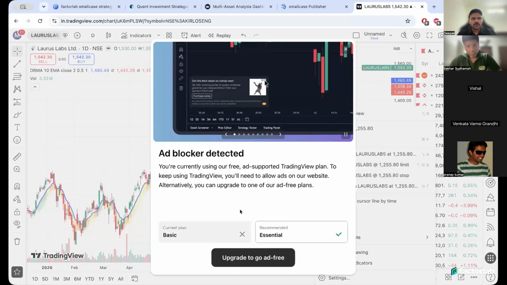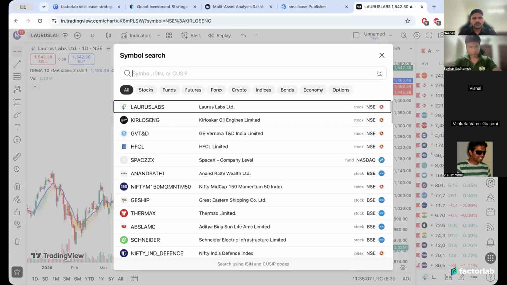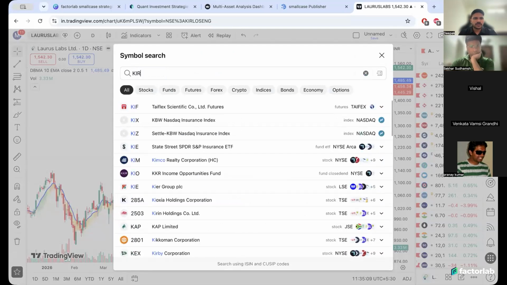Cool. So let me also quickly share my screen. I'll talk about a couple of stocks that we've held since the March 2026 rebalance. I'll actually start with Kirloskar.